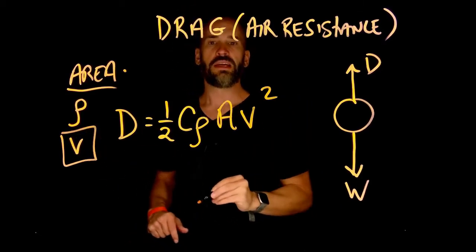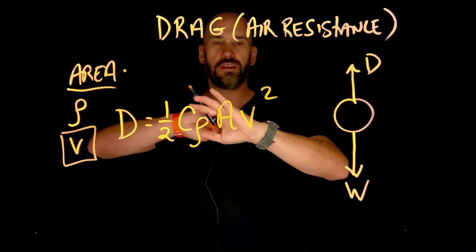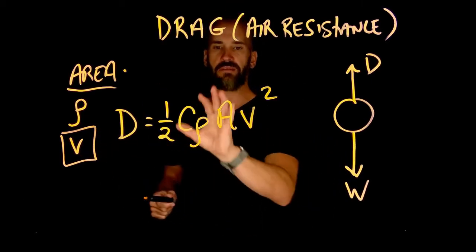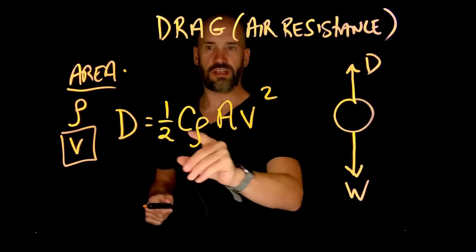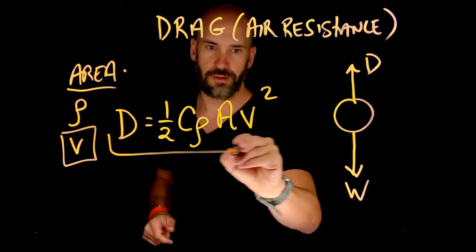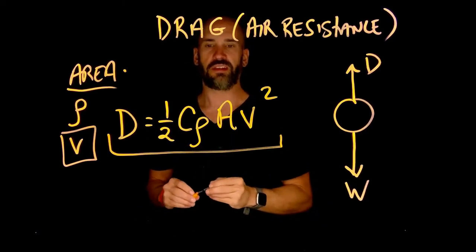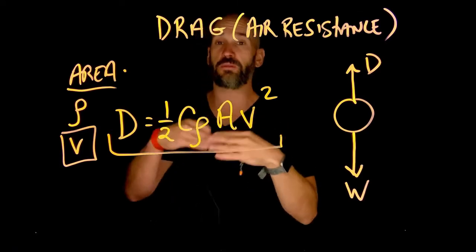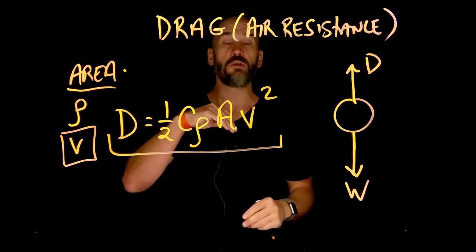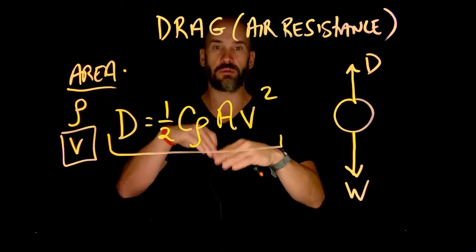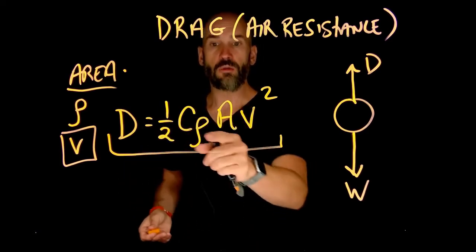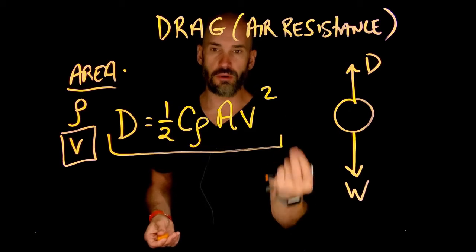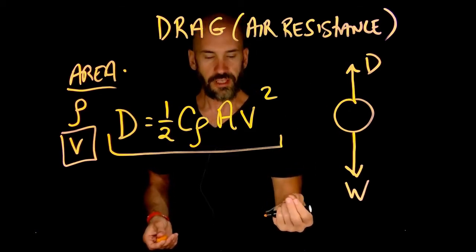So the best approximation that we have for calculating the drag force on an object is this equation right here. Once again, this is C, the coefficient of drag, and this is something that's experimentally determined, and you would either be solving for it or it's something that would be given to you in a problem. Rho is the density of the material that you're moving through, in this case, air.